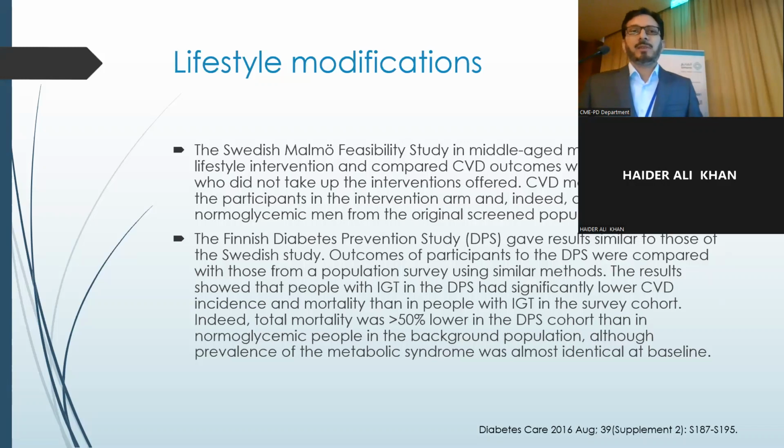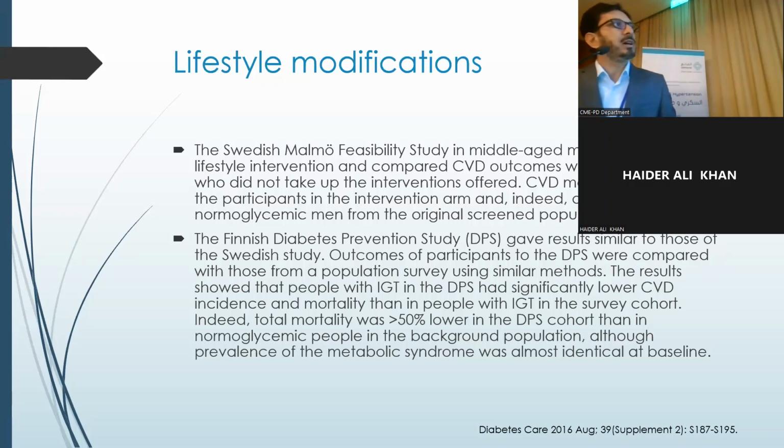Similarly, in some studies from Sweden, they looked at patients with impaired glucose tolerance, provided lifestyle intervention, and compared the cardiovascular disease outcomes with men who did not take the interventions. They found that the participants in the intervention group indeed had lower cardiovascular disease mortality compared to the other group.